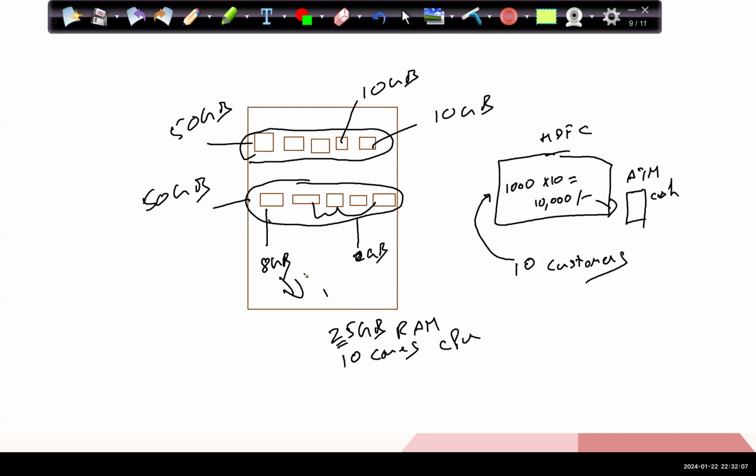So we know that all of them will not come at the same time and ask for all the RAM which is allocated to them. That's why we are taking these chances. You might be thinking, what if all of these come and ask? In that case, it's just like all the customers going to the bank and saying, we want to withdraw everything. The bank will say, no, it's not possible, we don't have that much.